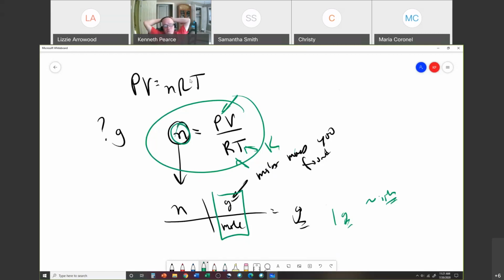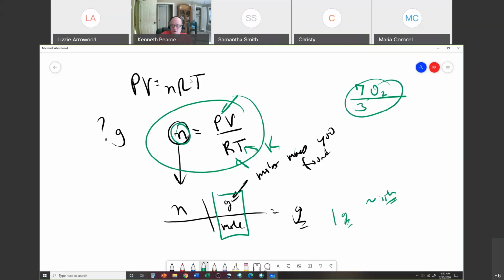And then I also had one more question on homework 10. We were given an unbalanced equation and they wanted us to determine the liters of O2 consumed at STP. You gotta remember that. I think it's 7-3, something like that. 7 moles O2 to 3 moles.